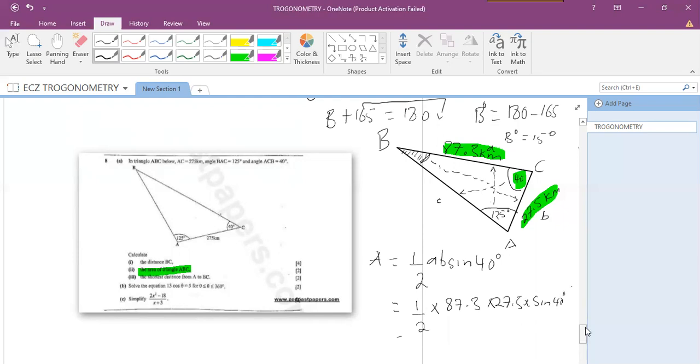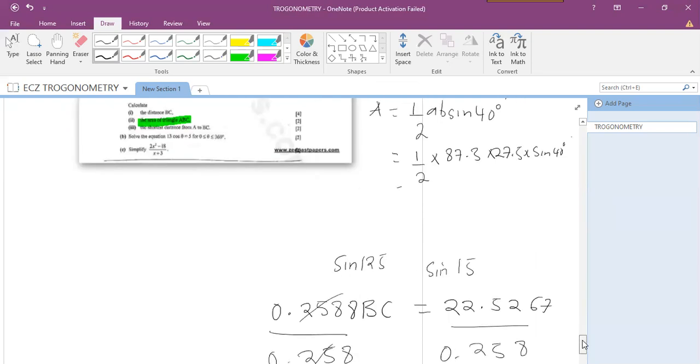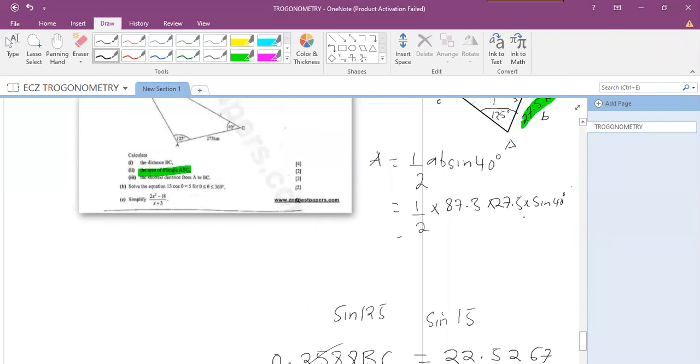Again, I recommend that you first start off with finding the value of sine 40, multiplied by 87.3, and then divide by 2.